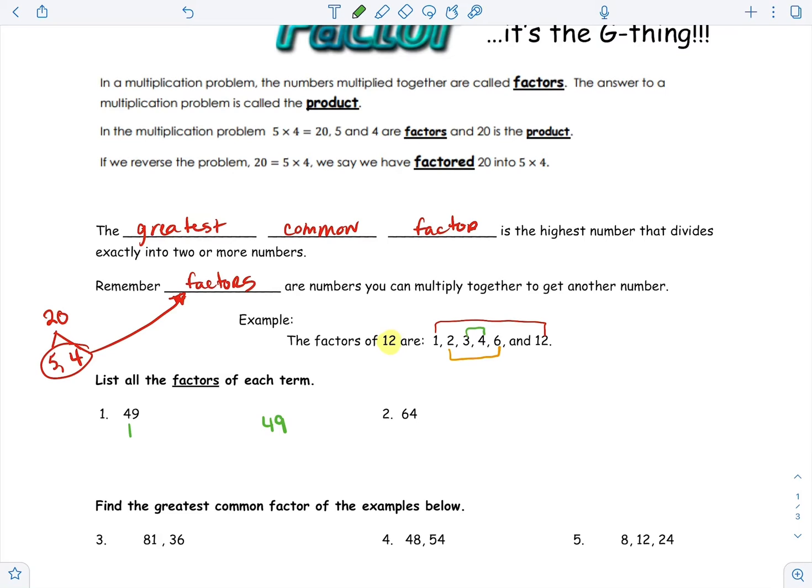But 7 could work, because 7 times 7 is 49. And no, we don't have to write 7 twice. I don't think there's anything else that's going to give us 49. So our factors are 1, 7, and 49. Those are the factors of 49.